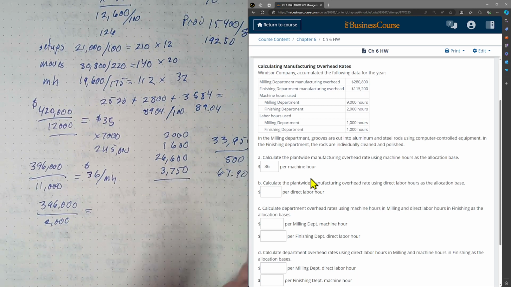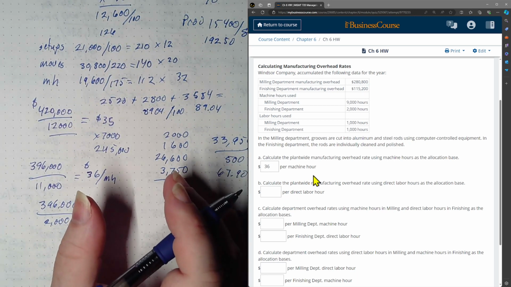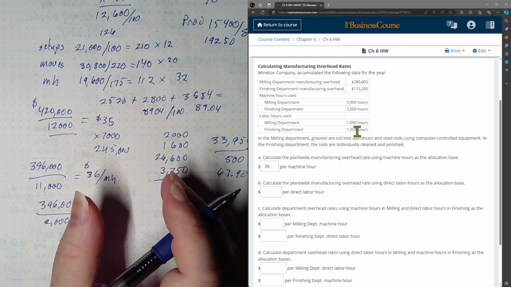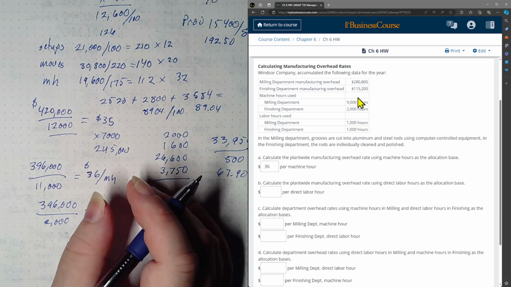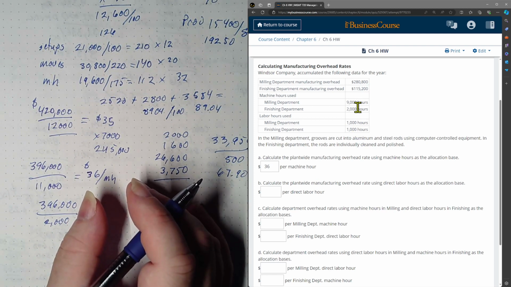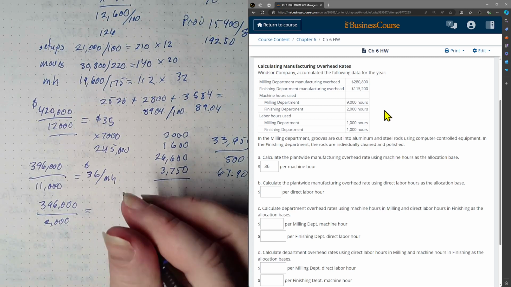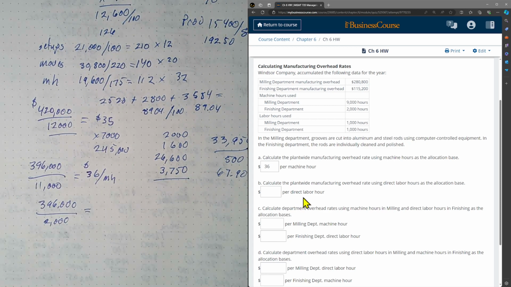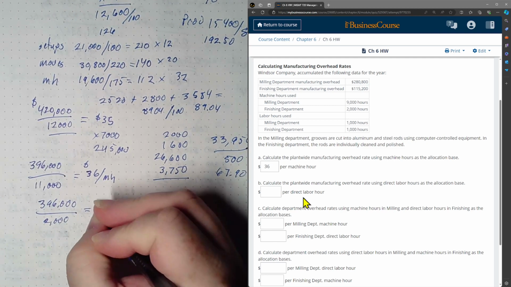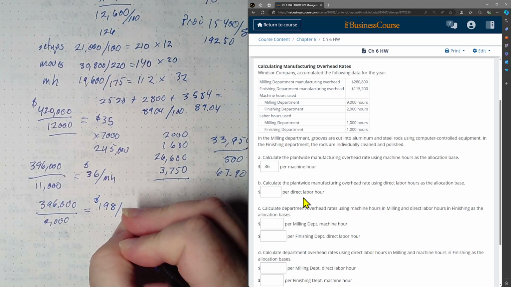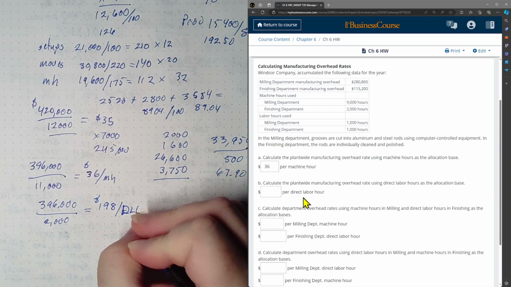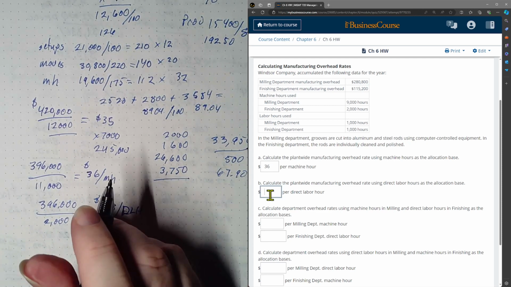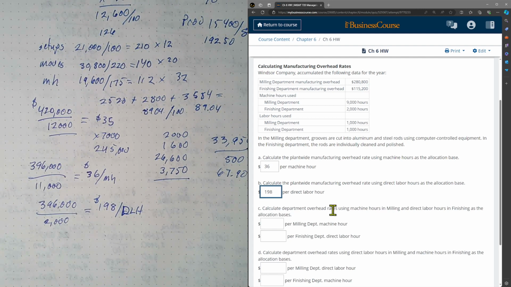I mean, the plant-wide rate is not good in general, but this one's not going to give us any differentiation between the departments. Using machine hours, that'll give us a pretty big differentiation. So anyway, let's go through with the process. 396,000 divided by 2,000 is going to be $198 by direct labor hour. We don't have a partial check here.